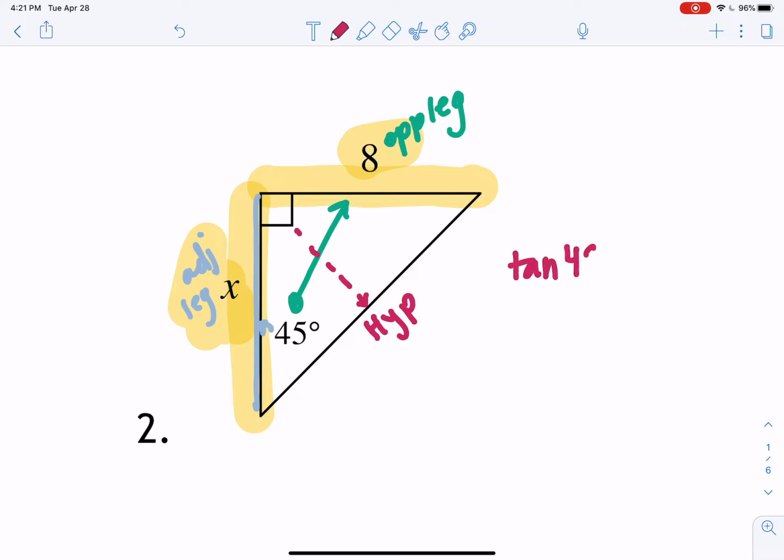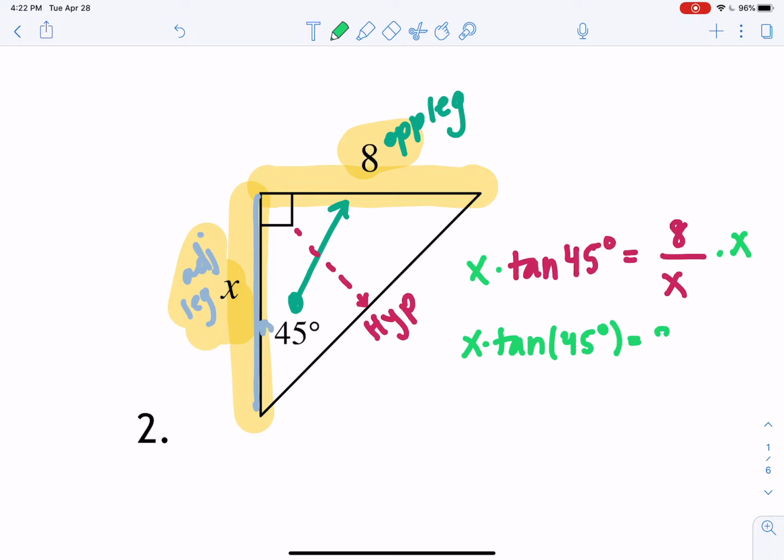Tangent of 45 degrees equals opposite over adjacent. We want to get x alone, so we have to multiply by x because it's in the denominator. X times tangent of 45 degrees is equal to 8. Then we're going to divide by tangent of 45 degrees to undo that multiplying.